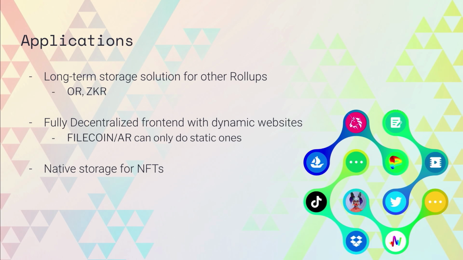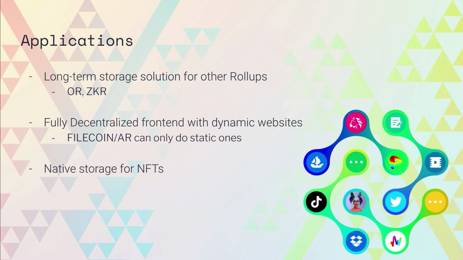And it can also enable fully decentralized front ends with rich dynamic websites that are returned from a smart contract rather than a static content of the file, which right now Filecoin is not able to do. We will tell how we are able to do that later with our other technologies.